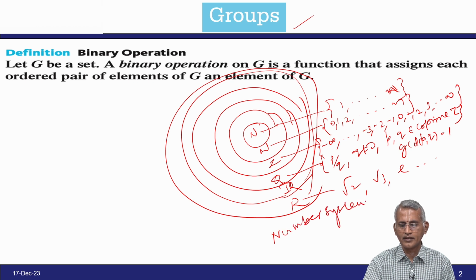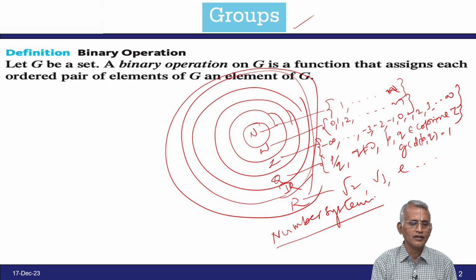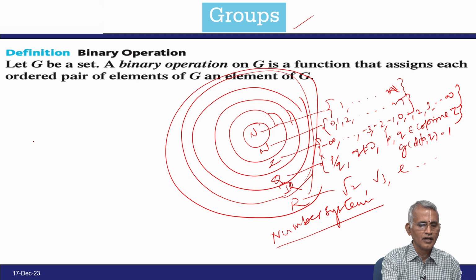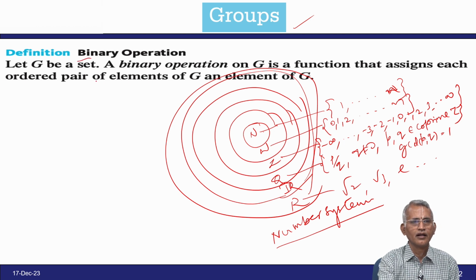So, first understand the number system, then let us start with the binary operation. Binary means two, and nary means operating between two numbers, say a and b, which are two numbers belonging to the natural numbers.